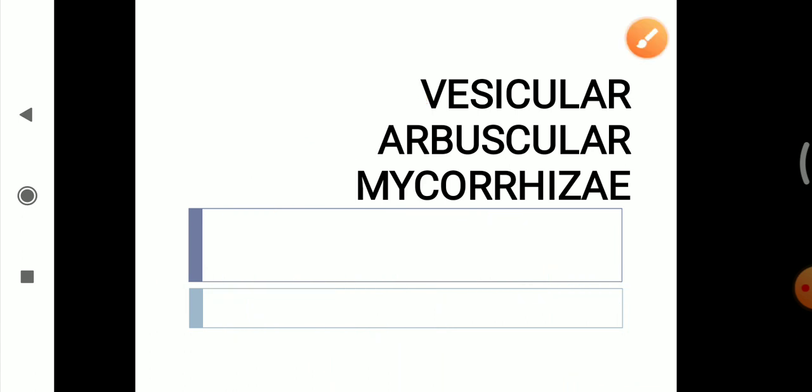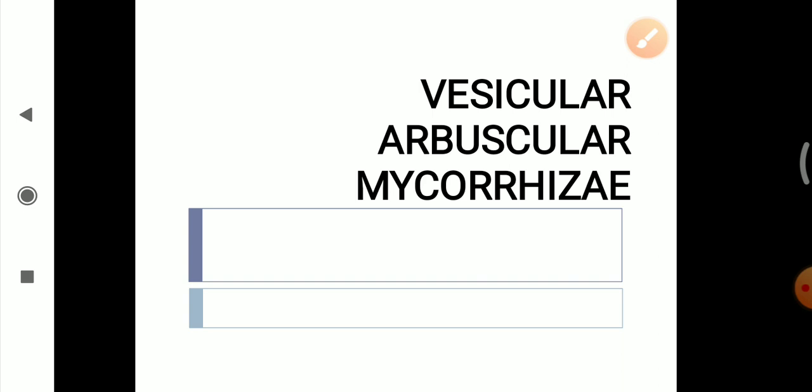Then we have seen endomycorrhiza. In endomycorrhiza, the fungi do not form an external sheath; they enter directly into the cell, intracellularly. Fungi fill the cell with mycelial structure. Fungi appear in a cortical cell in the form of coils, causing swelling and disorganization of the cell, and ultimately that cell disintegrates within the host cell.